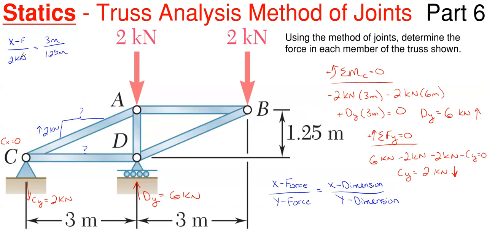So just cross multiply and divide. My X force will be 2 times 3 divided by 1.25, and it pops out to be 4.8 kilonewtons of force. So now I know that this is 4.8 kilonewtons of force.